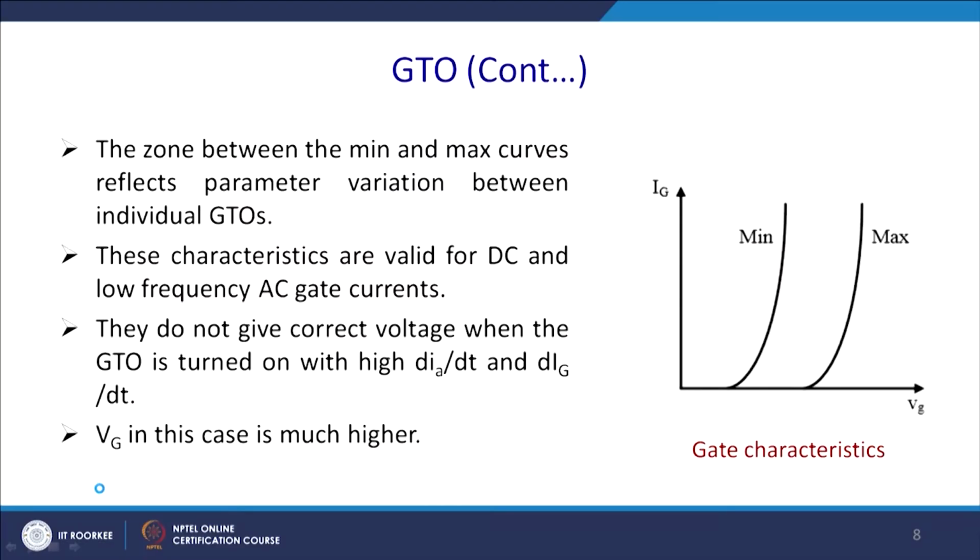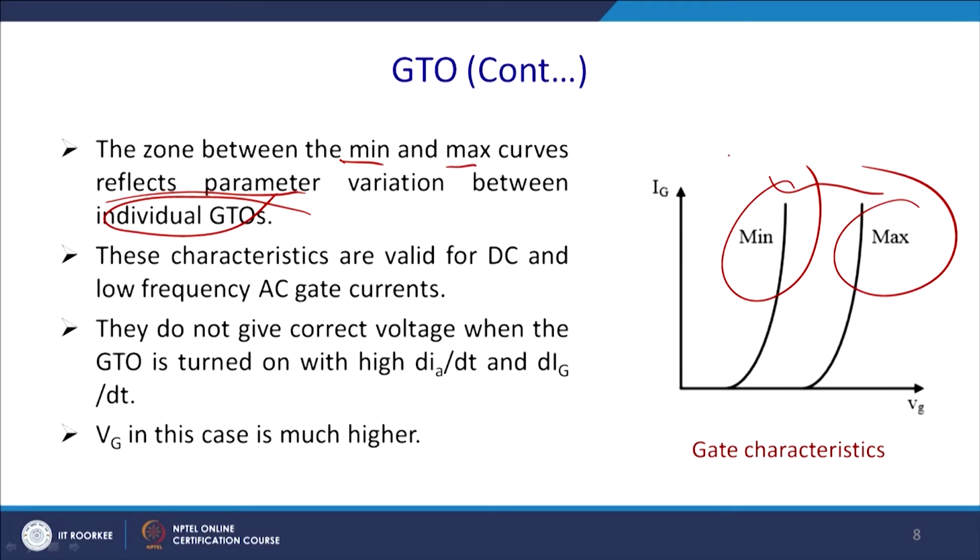Now, the zone between the minimum and the maximum curve reflects the parameter variation among individual GTOs. So, it is not that you have a single curve. Depending on the IG, the values of min and max can change. This characteristic is valid for DC as well as low frequency gate current. They do not give a correct voltage when the GTO is turned on with high DIDT.